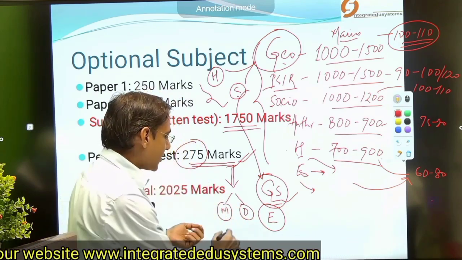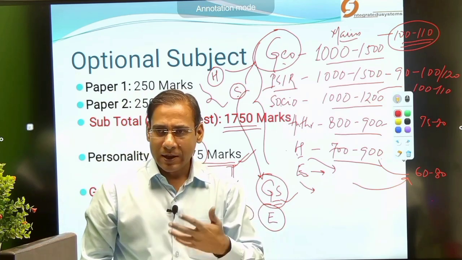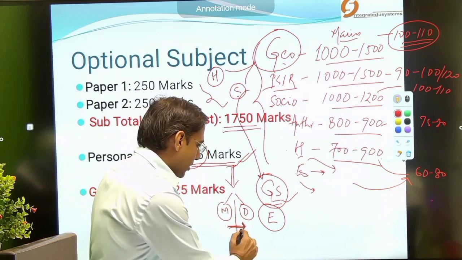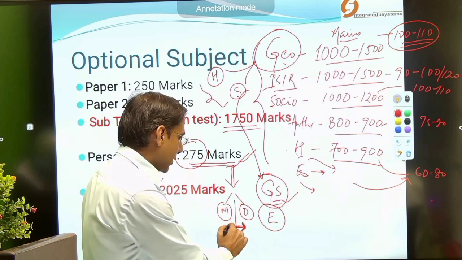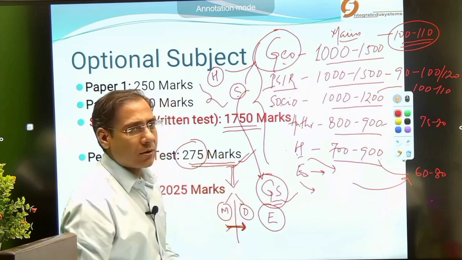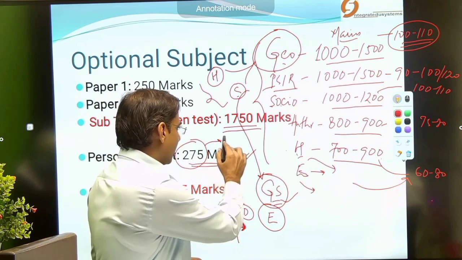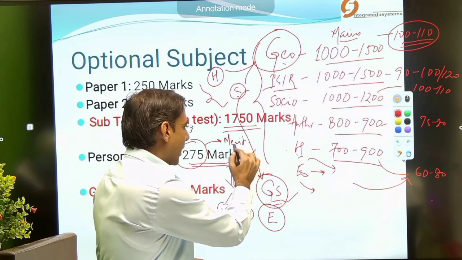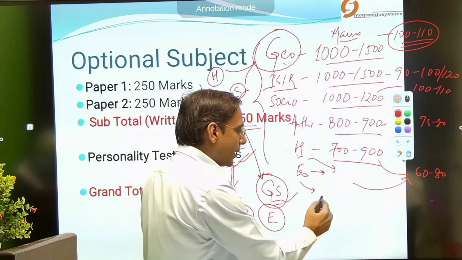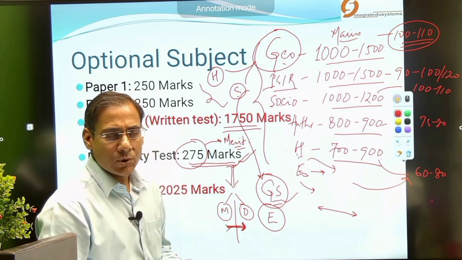So basically it is the last stage where your personality is completely filtered out, because the people conducting and organizing this are very experienced, and you face such experienced people. So again, this personality test or interview plays a very important role in your ranking, because here, due to lack of personality, we find a huge gap in the marks.